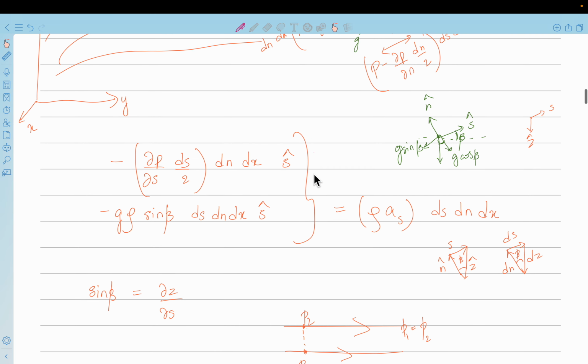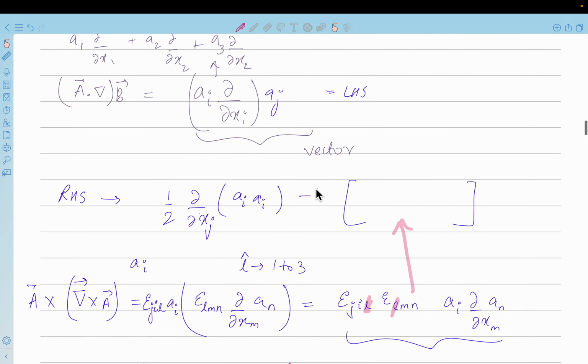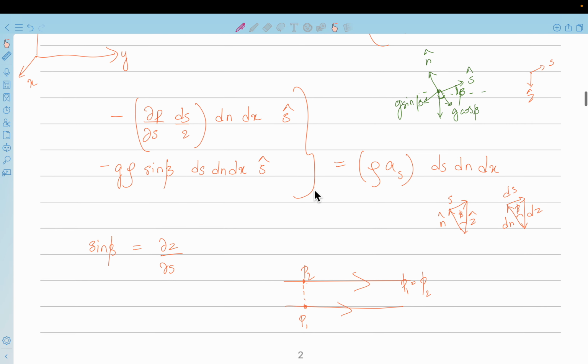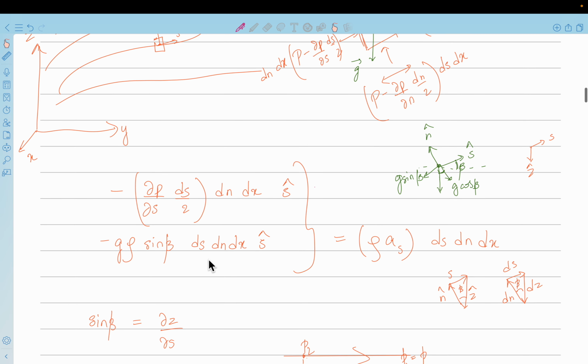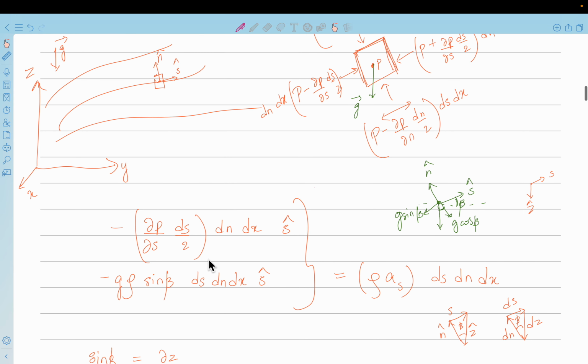Yes. Dou z by dou s. Yeah, we did that. It is the perpendicular coordinate.